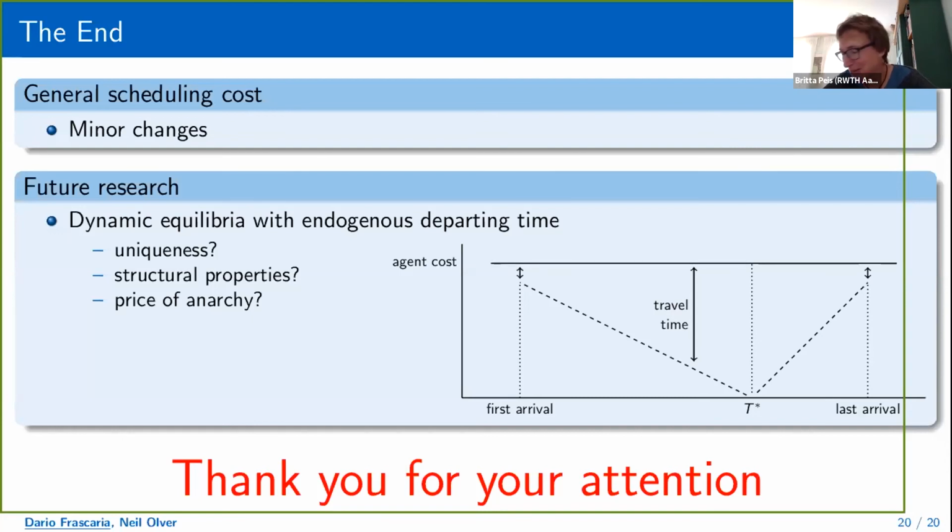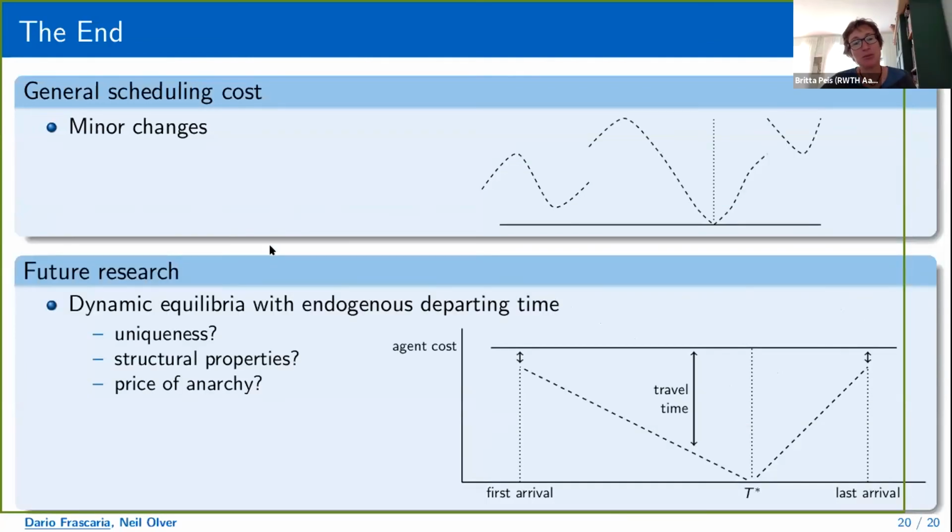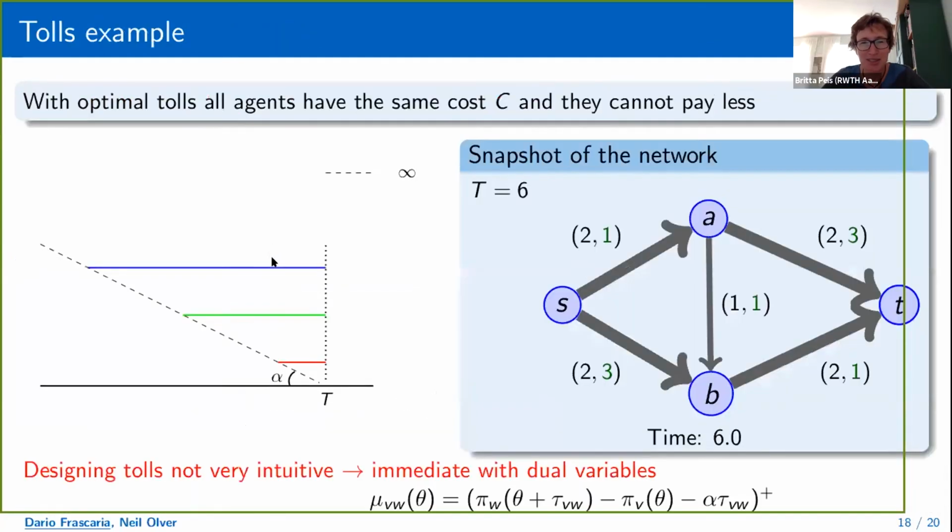Dario, I have a question. Your model and your results work for time-dependent cost functions. Do they also work for time-dependent travel cost functions? I mean, maybe at rush hours travel time is more costly.